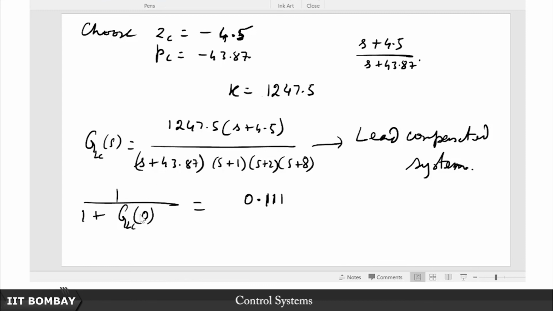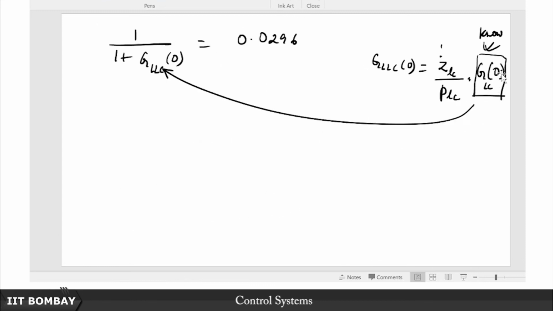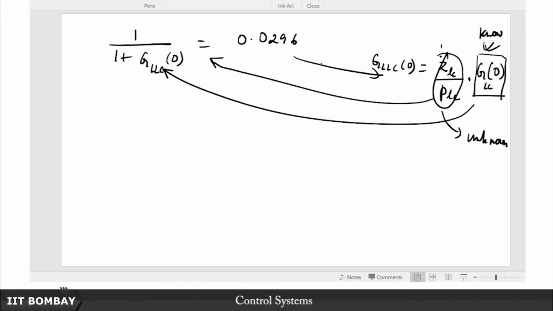Based on this computation I got 0.111. So now we can determine this ratio. This is the only unknown, but from this equation, putting these together, we can determine this.